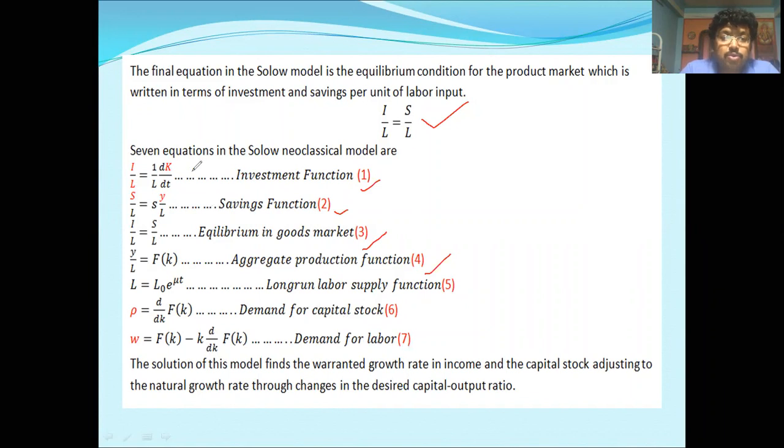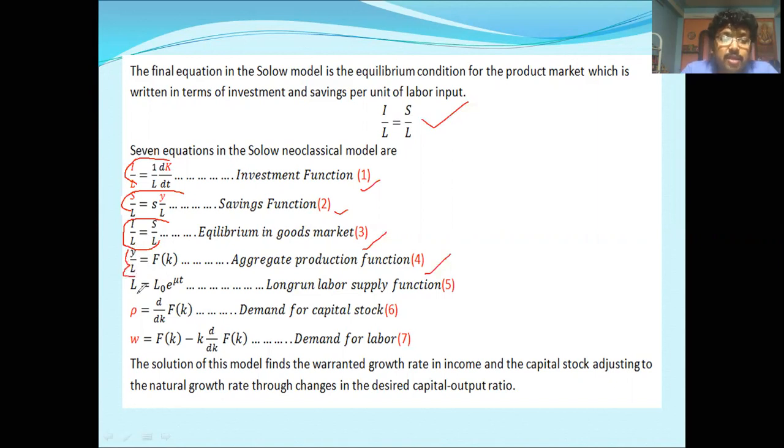So this is the investment function. This is the saving function I have mentioned already. This is the equilibrium condition, equilibrium in the goods market. I have also mentioned it. Now this is the aggregate production function. I have also mentioned it.